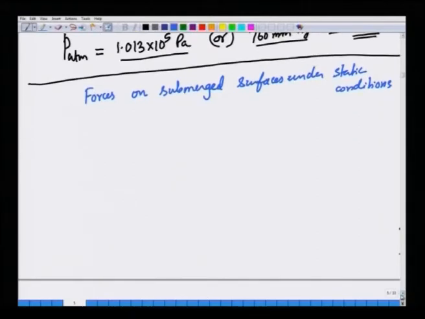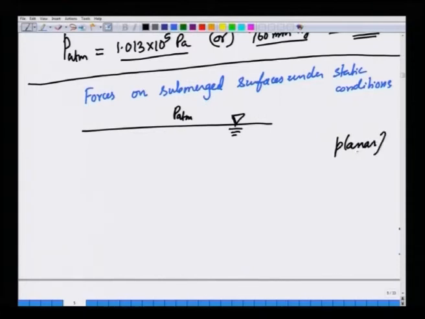So, the issue that we are going to understand is the following. Suppose you have a liquid surface exposed to atmosphere, P atmosphere, and within the liquid there is a planar surface. We will look at a planar surface for simplicity.